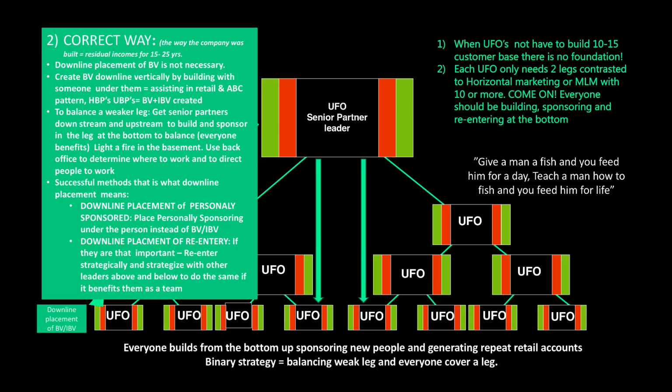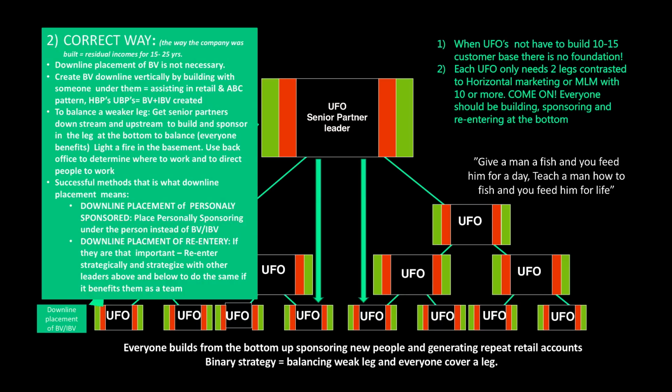Teach a man how to fish and you feed him for life. So why would you want to give everybody fish and feed them for a day and then have to do it again and again and again? Teach them how to fish, and then you don't need to worry about it, and it all accumulates and accrues up, making everybody have a solid business or a meal every day, if you want to use the analogy.